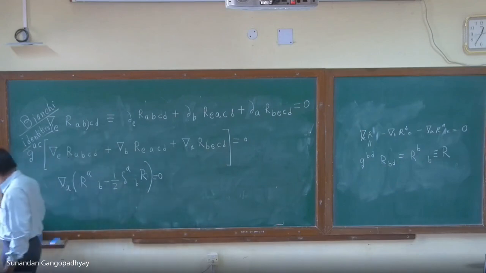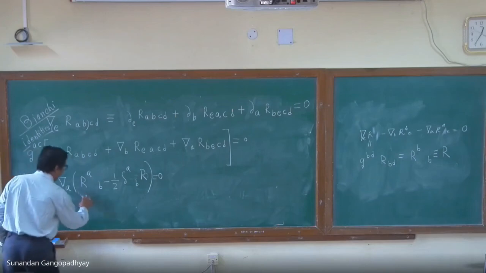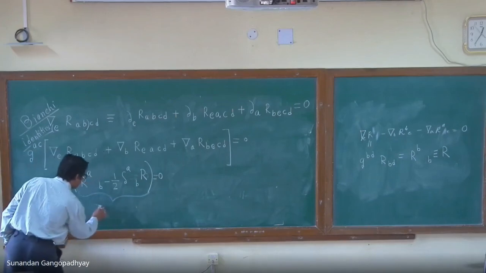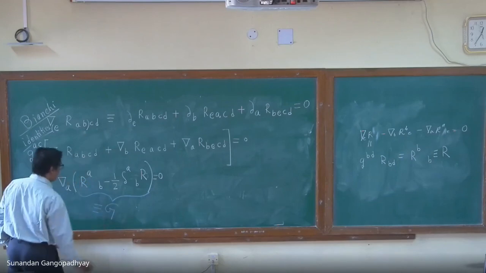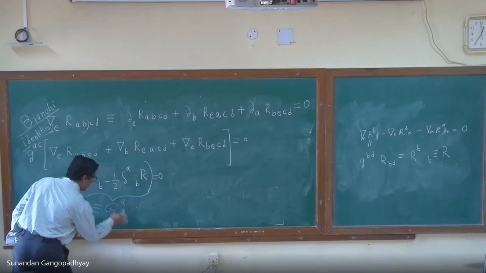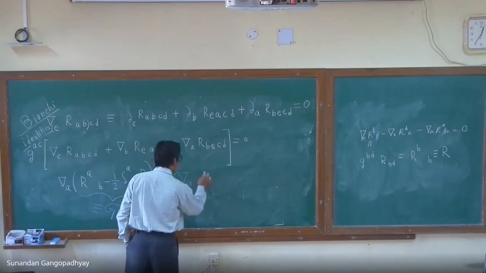So this is the final equation that you get here and you can call this something, capital G A B. Therefore the final equation, or final identity, is this.